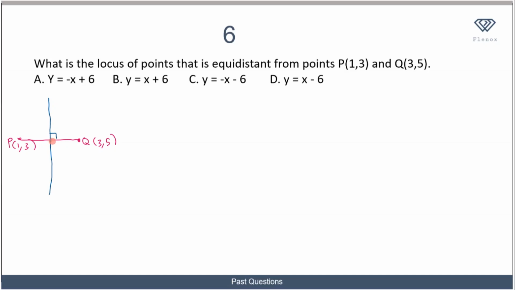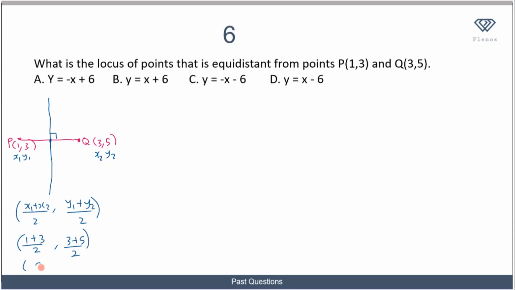And the coordinate at this point of intersection here is given by the midpoint of point P and point Q. So I can label here as x1, y1 and here as x2, y2 and try to figure out the midpoint. The midpoint is given as x1 plus x2 over 2, y1 plus y2 over 2. And that becomes, my x1 in this case is 1 plus 3 over 2, and my y is 3 plus 5 over 2. And that becomes 1 plus 3 is 4.